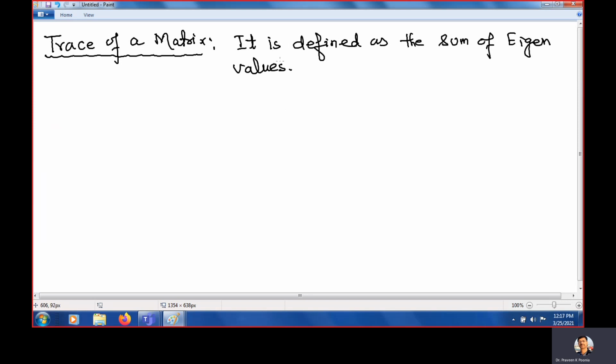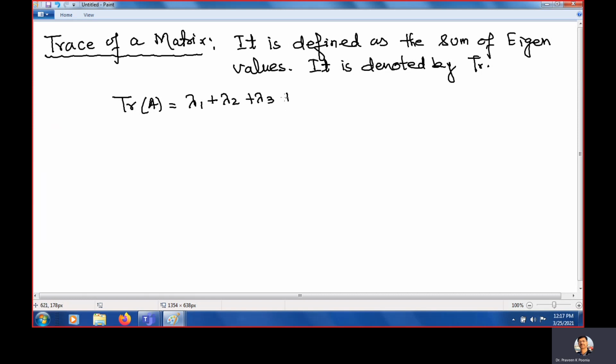It is defined as the sum of eigenvalues. That means trace, which is denoted by TR. So if I want to find the trace of A, it will be lambda 1 plus lambda 2 plus lambda 3 and so on, the sum of all the eigenvalues. Clear? This is one thing.